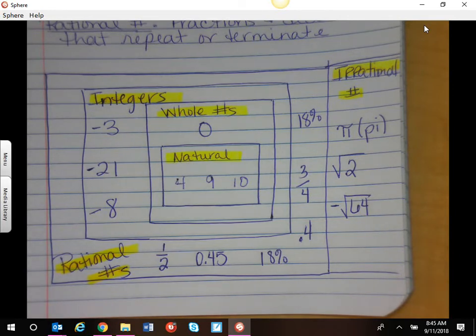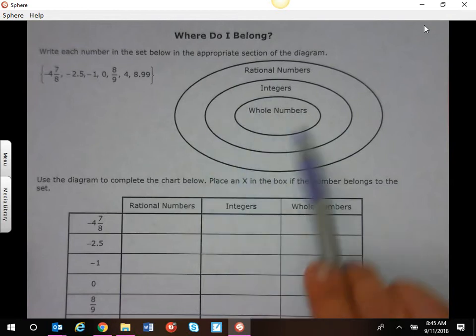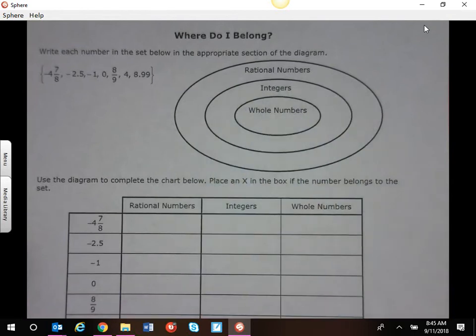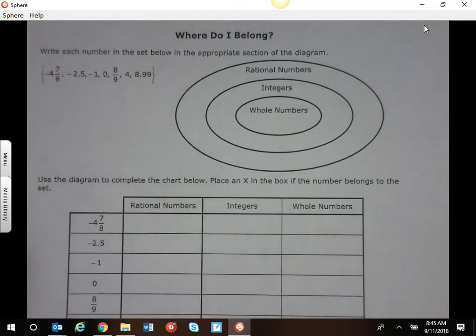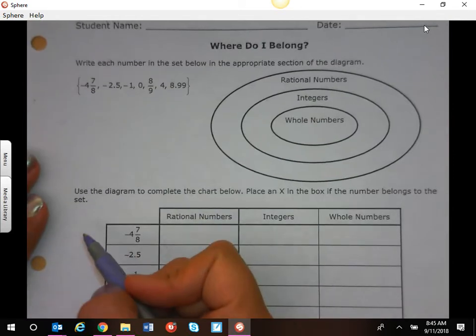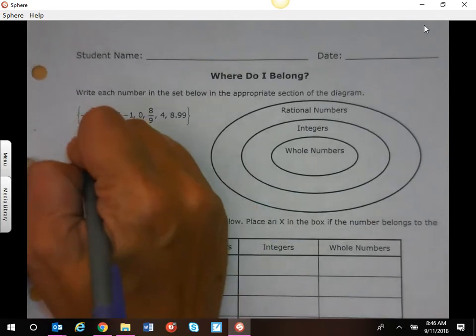What I'm going to have you do tonight, based on your notes, is this "where do I belong?" And here is another version of our diagram. And I have several different things for you here. Now, we've talked a little bit about dividing. I want you to be aware, I'm going to help you out.